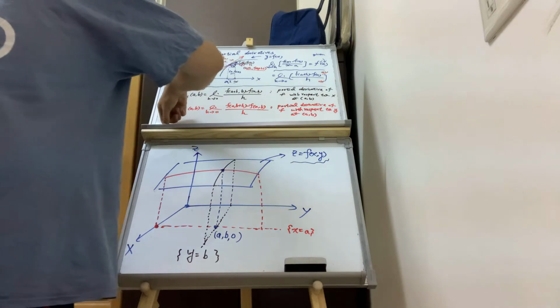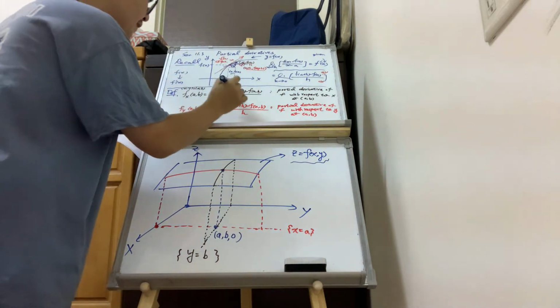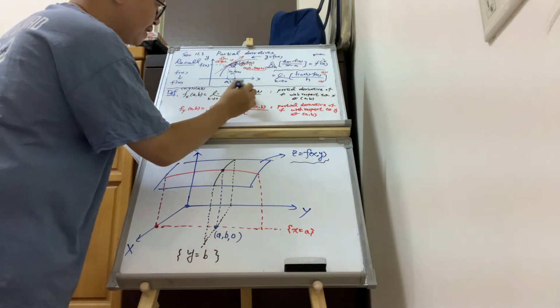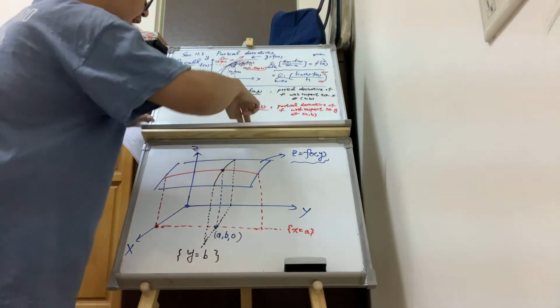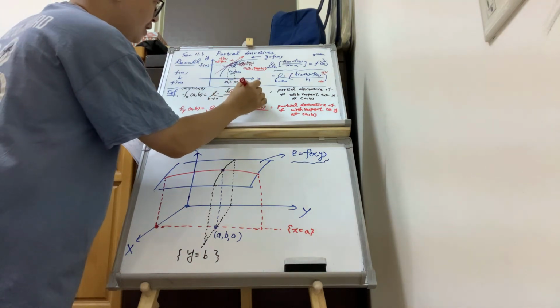Let me explain it. Here you could see that in this case we have two variables, but in this case we fix b. The y coordinate we fix b, right? So the variation is just in the x coordinate, right?